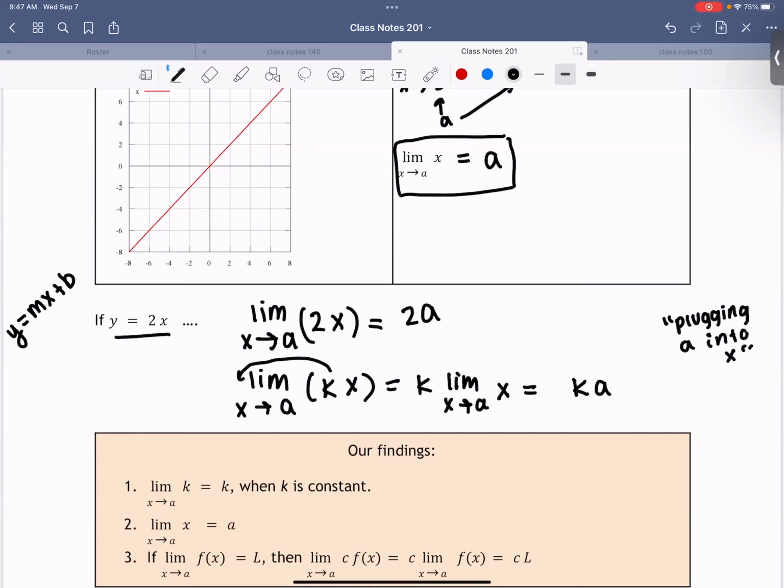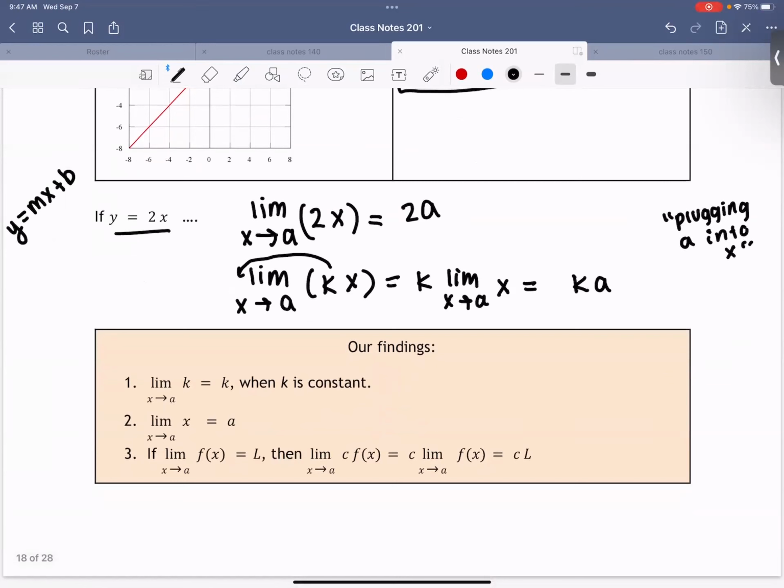Okay. So I just have kind of a summary of what we found here. When k is a constant, some sort of number, the limit as x approaches a of k is itself k. We can just plug in a into x, and any sort of constant we can either take out of the limit or just plug in a as well. Okay. Any questions so far?